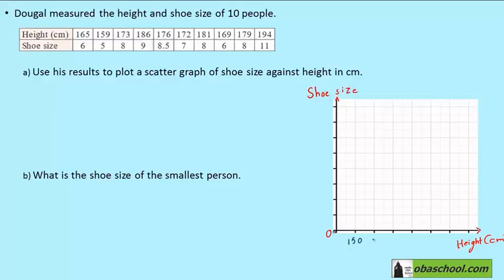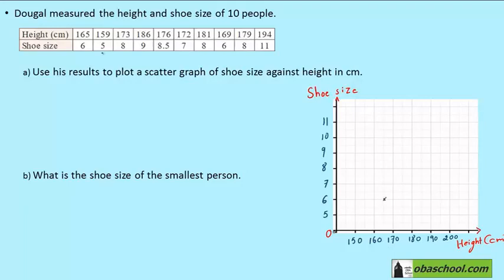So for the first one, I'm going to put 150, then after the next box we have 160, then 170, 180, 190, and up until 200. We're not going to need more than 200 since we cannot find any person more than 200 centimeters. For the shoe size, I'm going to go one by one: 5, 6, 7, 8, 9, 10, and 11. We don't need anything more than 11 since 11 is the biggest shoe size out of all of the individuals that Dougal has measured.